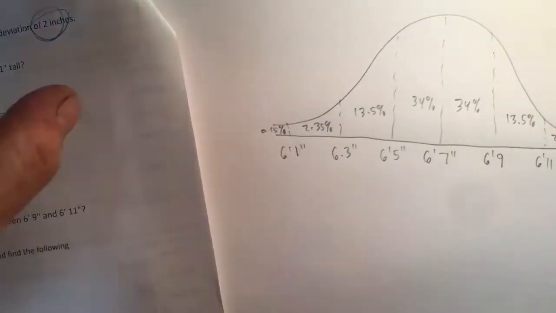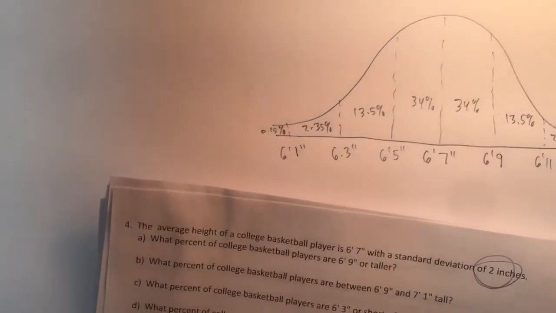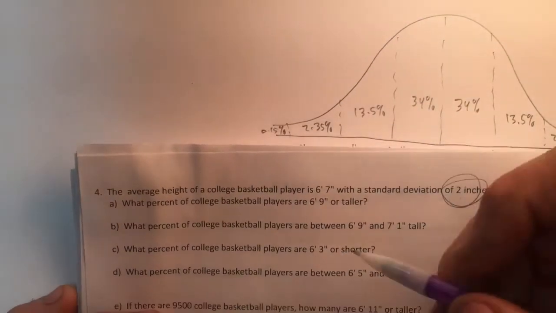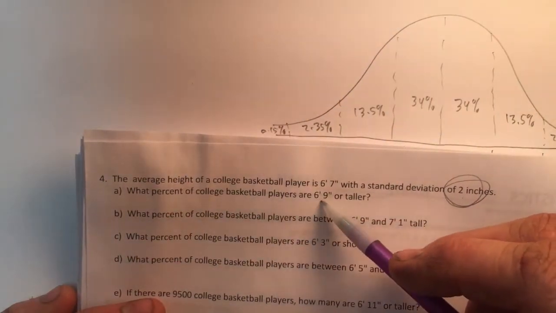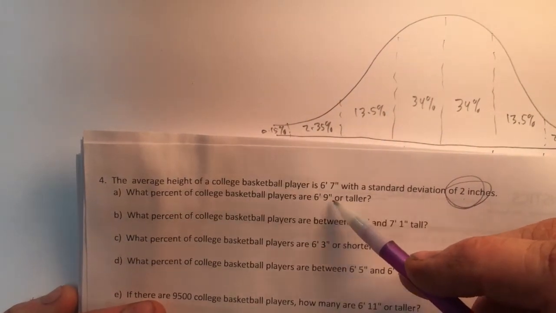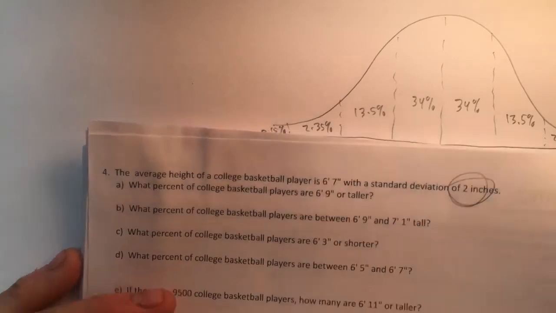Okay. And now I can answer the question. So this says, what percent of college basketball players are 6'9" or taller? So 6'9" right here and taller, I would add all these up, which comes up to be 16%.